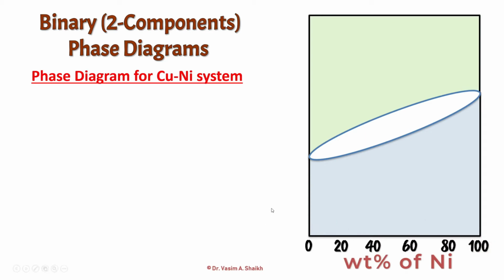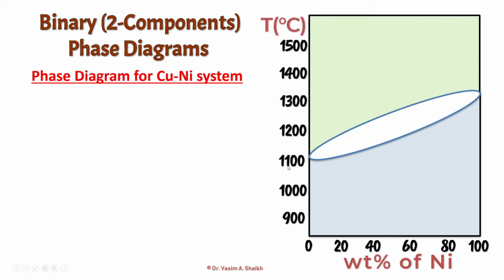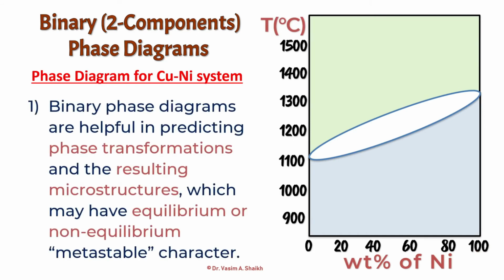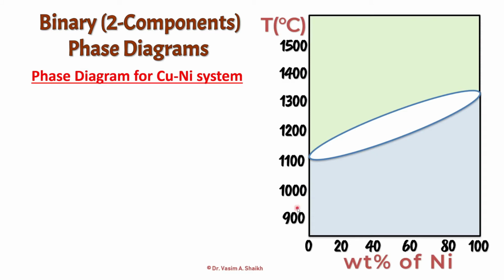And on the y-axis we have temperature. Here we are starting with 900, because below this the phase is the same. We are not bothered about what is below 900, because the phase change will take place beyond 1100 degree Celsius. So we are starting with 900 and not with 0.